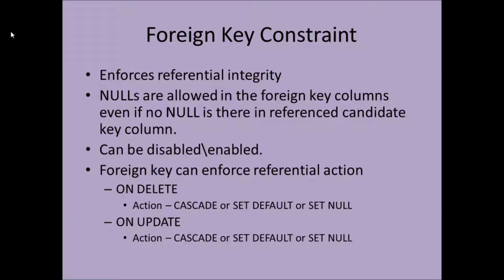Same if we use on delete set null or set default, then in the corresponding row in the referencing table, the foreign key column value gets replaced with null or default respectively.